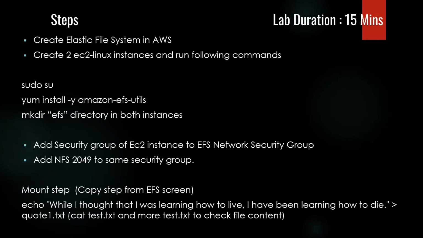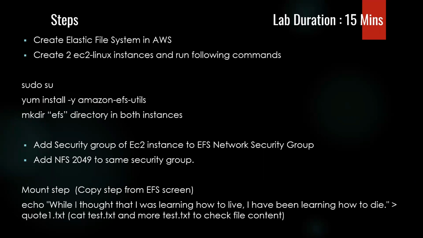And later on, I will be changing the network security group to the same security group you have on the EC2 instances, because that way it will allow your traffic. And in the last step, I have to open the port, like I said, port 2049, which is the NFS port, in your security group.